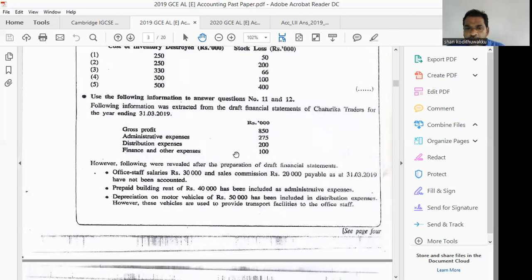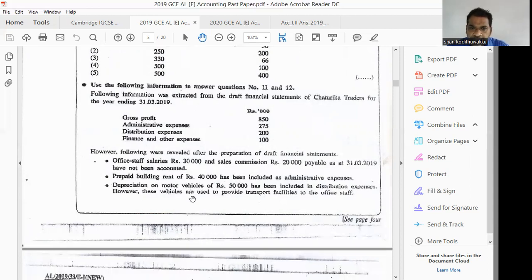So to the given balance 275, we add 30 and deduct 40, that means a net deduction of 10. So 275 minus 10 means 265.